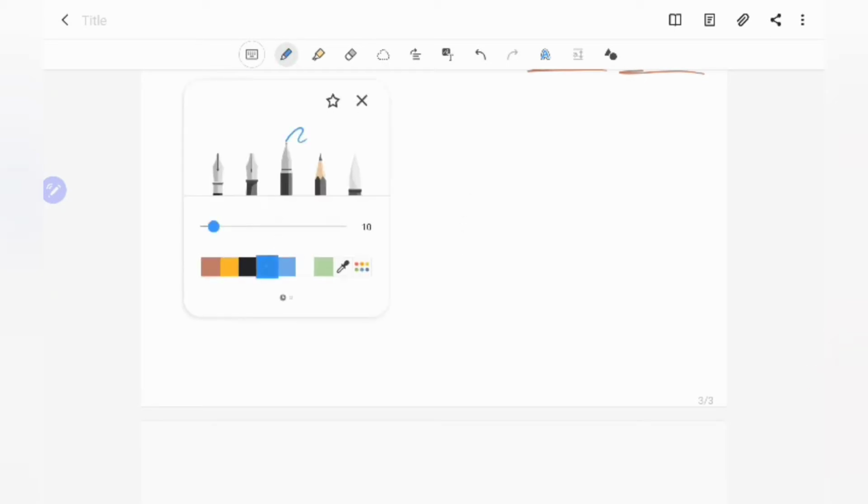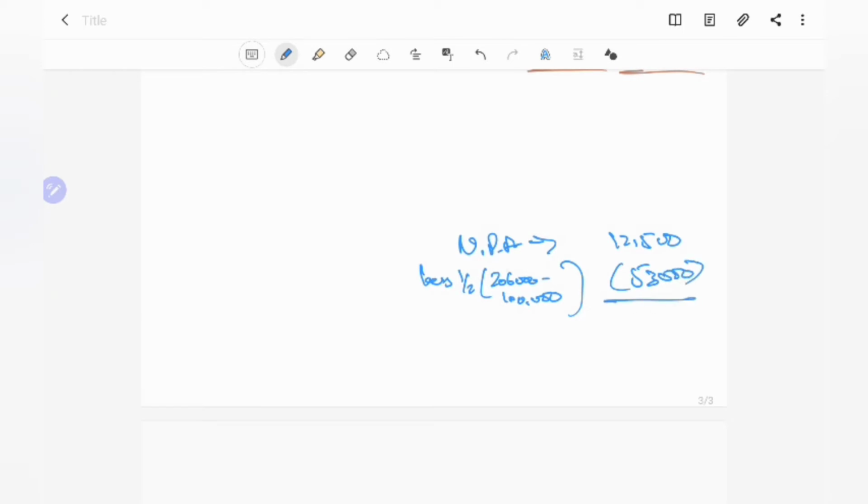Now let me do the working over here in the corner. Normal personal allowance 12,500. Let me show you less half, and it's 206,000 minus 100,000. I'll get 53,000 negative. Obviously it is more than 12,500 and all the limits, so adjusted personal allowance is nil.